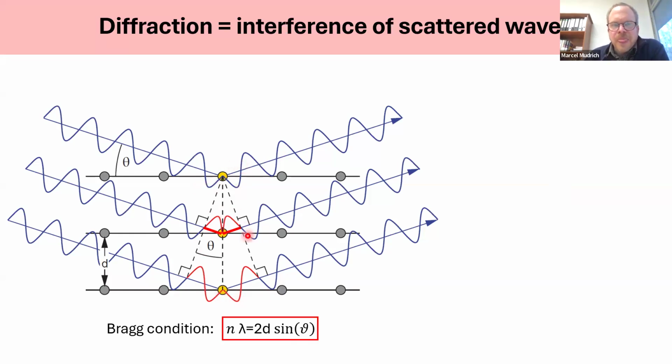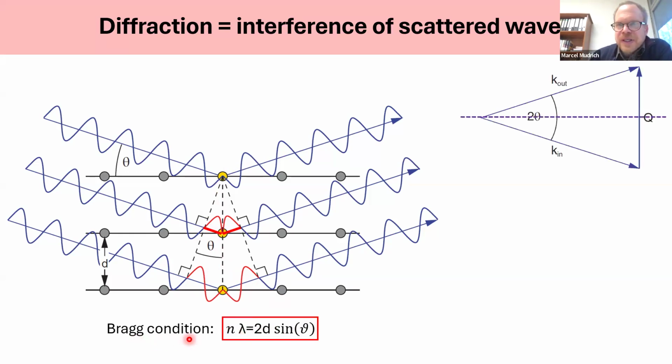If this is a crystal with a periodic lattice arrangement, then we can calculate the path difference between the individual rays, right? And by demanding that the path difference 2 d sin theta equals integer multiples of the wavelength, we arrive at the Bragg condition.